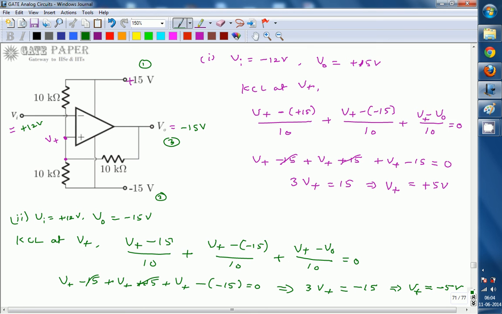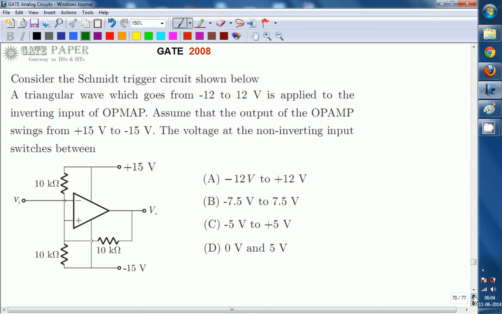So whenever the output is changing from plus 15 to minus 15, the non-inverting terminal voltage is changing from plus 5 to minus 5. The answer for this question is that it changes between minus 5 and plus 5 volts. So this is the right answer. Thank you.